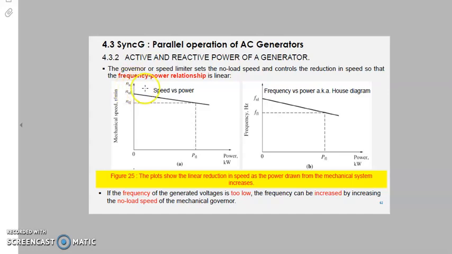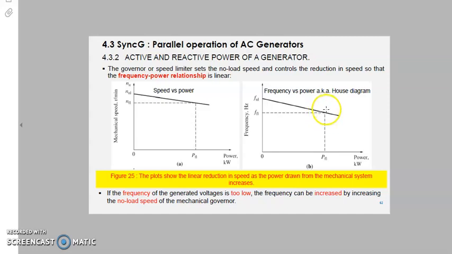So you have the same trend, the same ramp or slope, but at a higher range. The no load speed increases a little bit, such that the full load speed will be at the point that you need, or at the frequency that we expect the machine to behave.